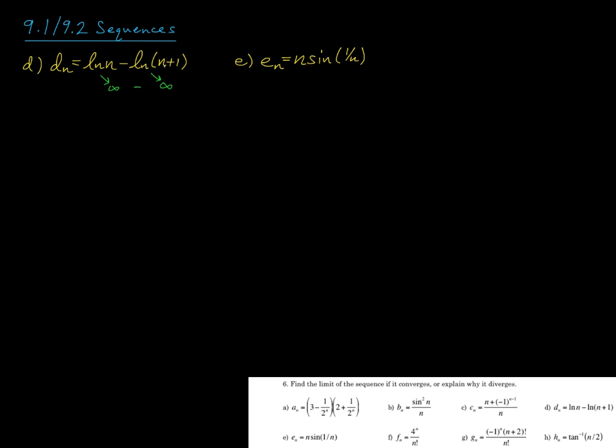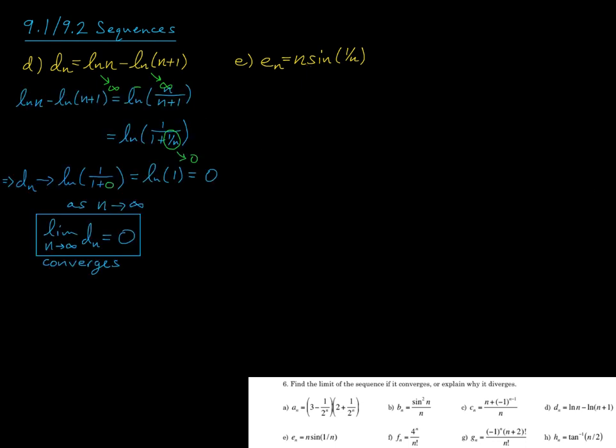Do they approach infinity at comparable rates, so this difference will be 0 in the limit? Maybe, but maybe this natural log of n plus 1 term approaches infinity sufficiently faster than this thing, and so this might carry it to some other value. Well, what can we do? Well, a useful thing here is to use logarithm properties.